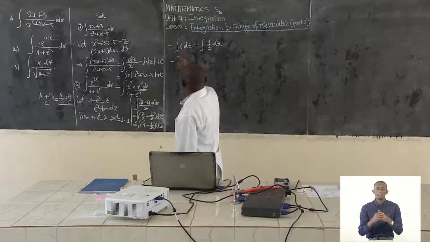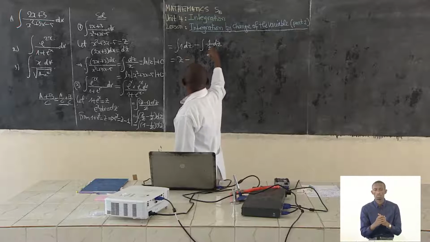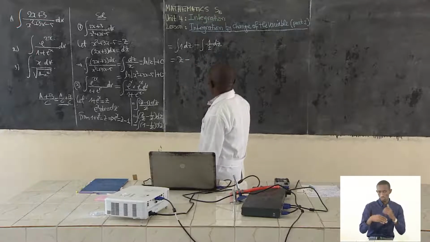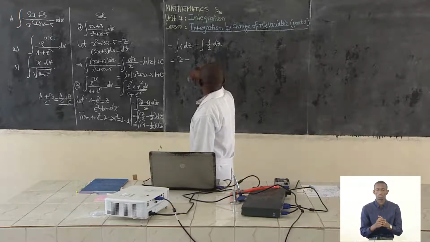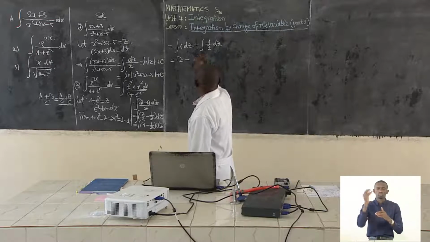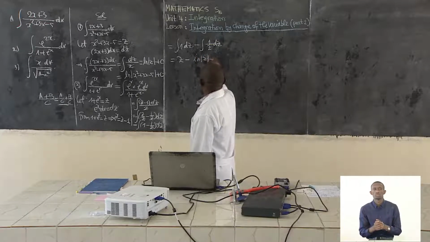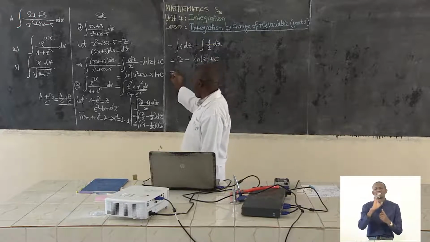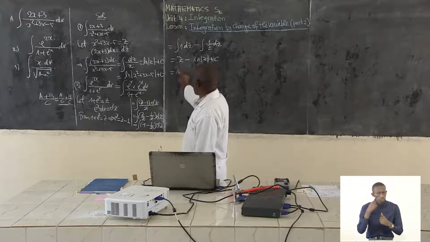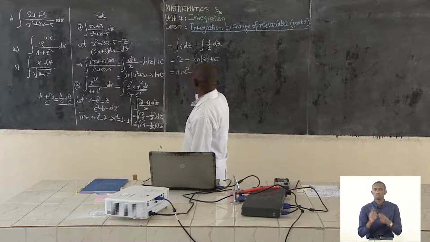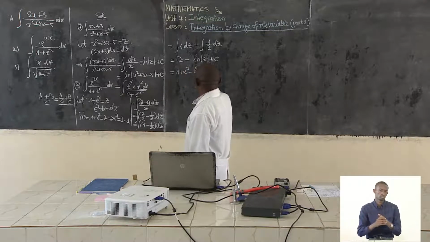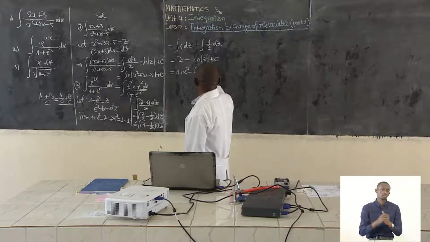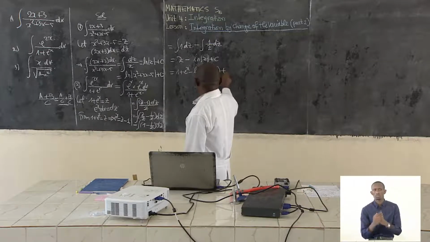And I'll have z minus, this is a standard or immediate integral, ln of z plus c. So replacing z by its value, I'll have 1 plus e power x minus ln of 1 plus e power x plus c.